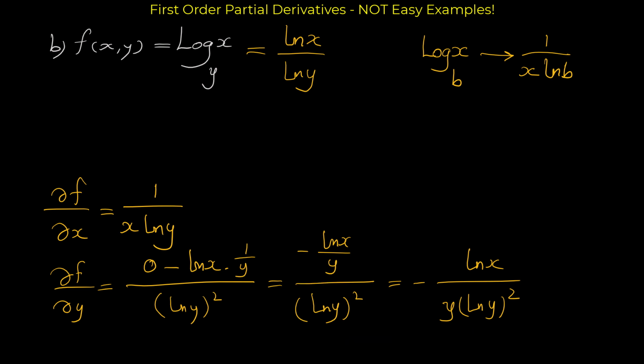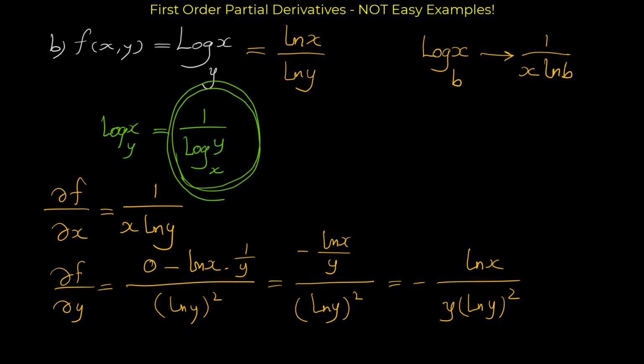Another method for finding the partial derivative with respect to y is to use this identity: log x in the base y is equal to 1 over log y in the base x, and then use the quotient rule to find the derivative.